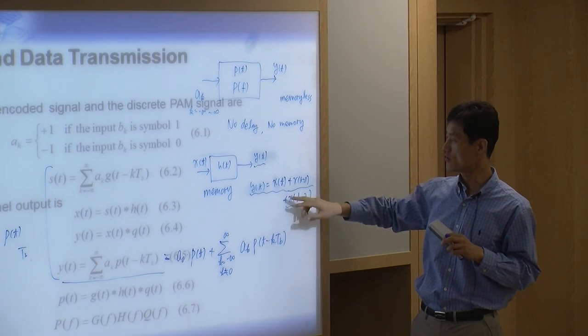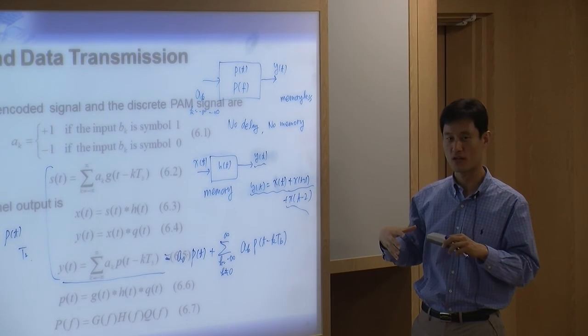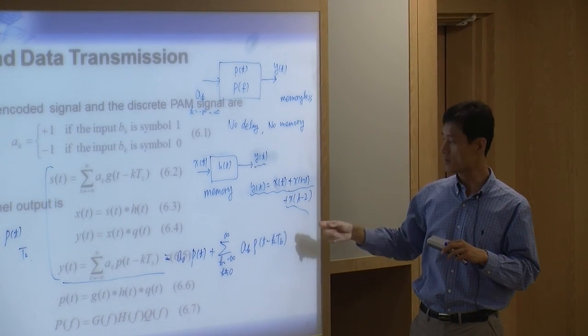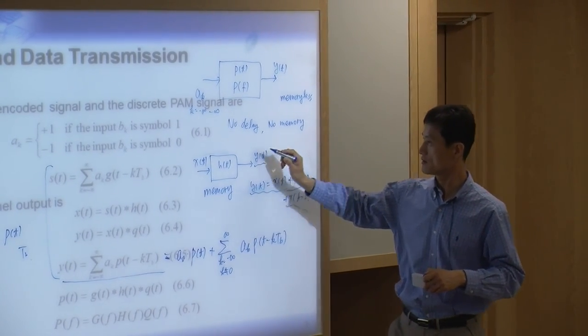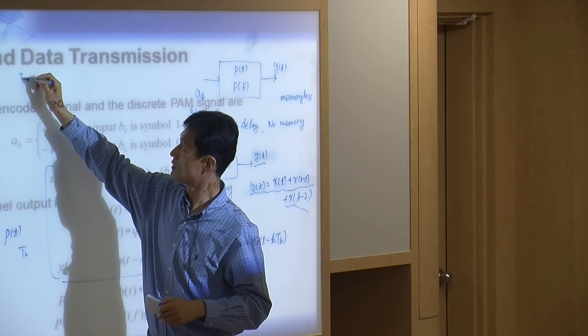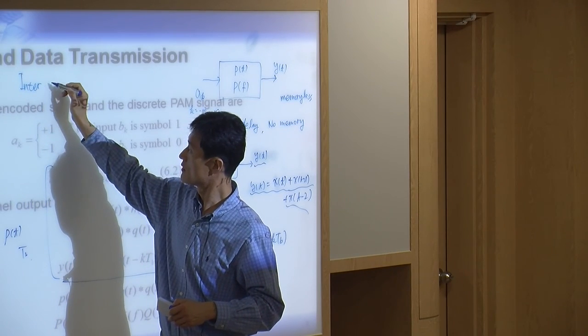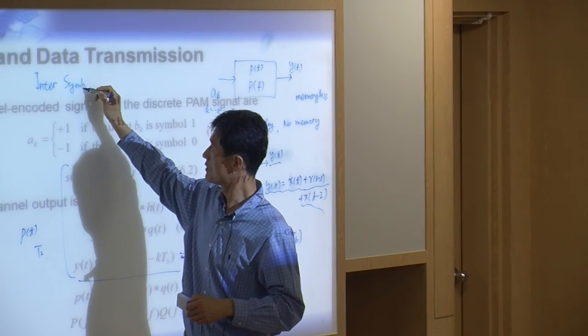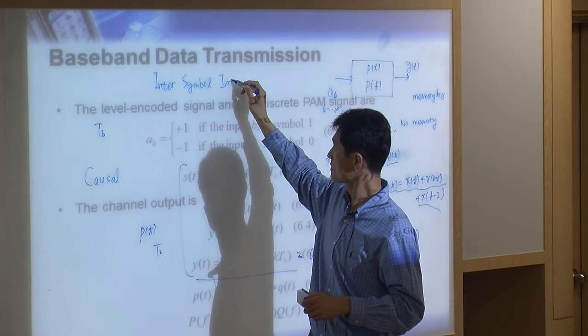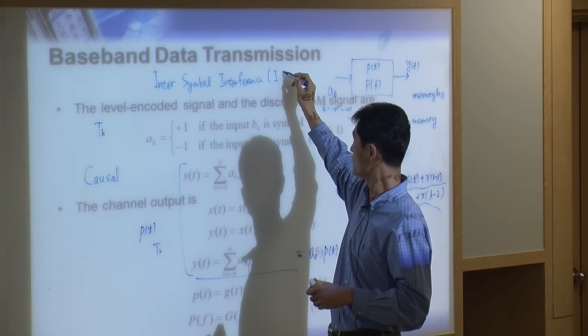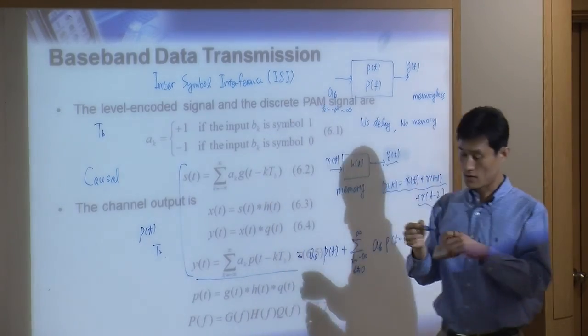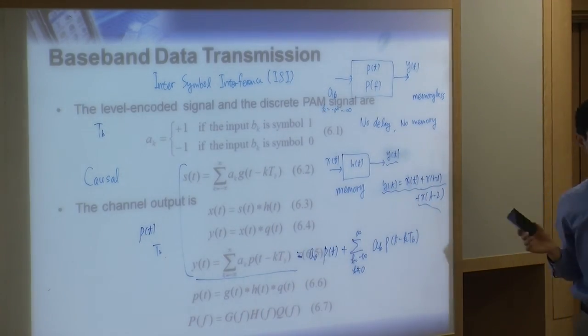When you have a memory, you're going to have multiple terms all combined together. This is called intersymbol interference, ISI. You want to remember this word, ISI.